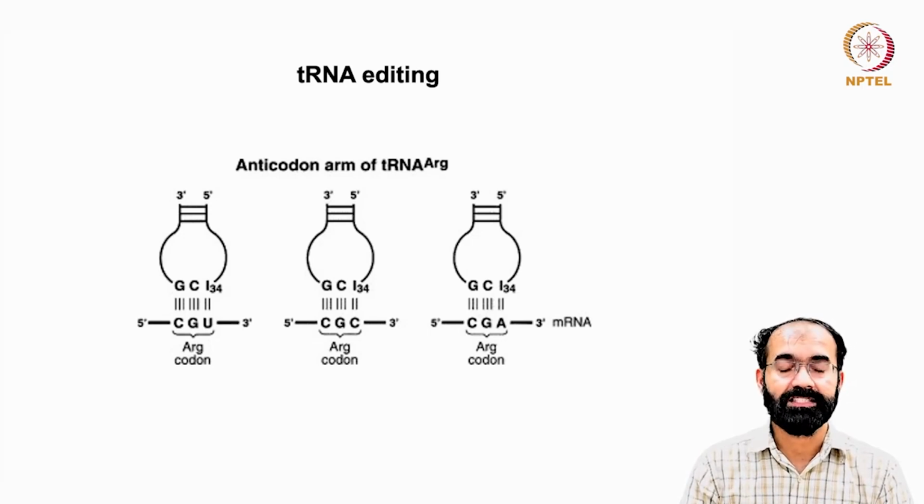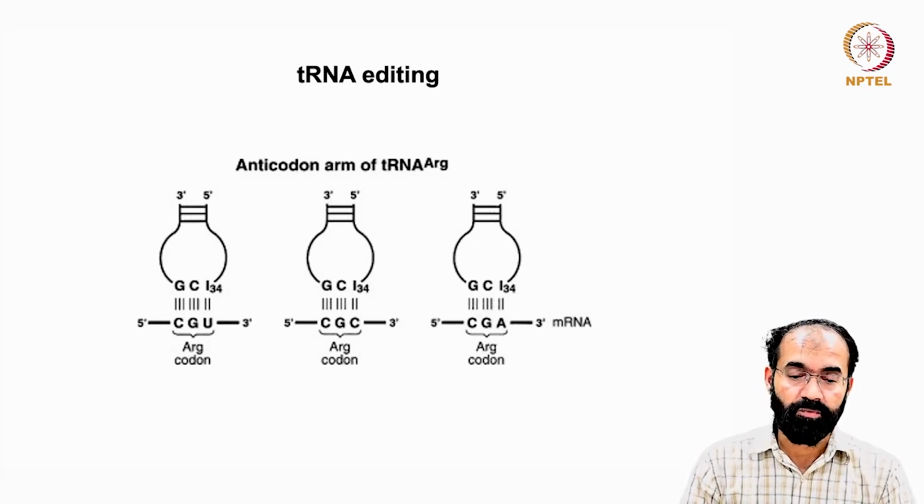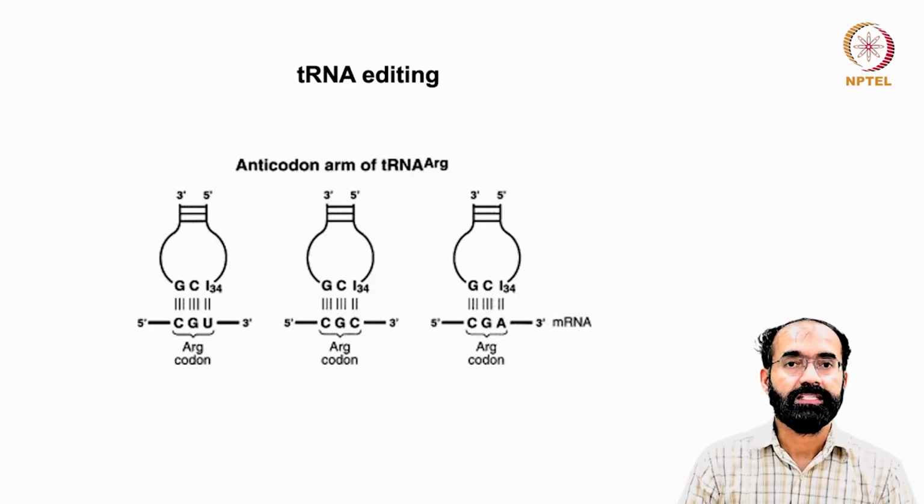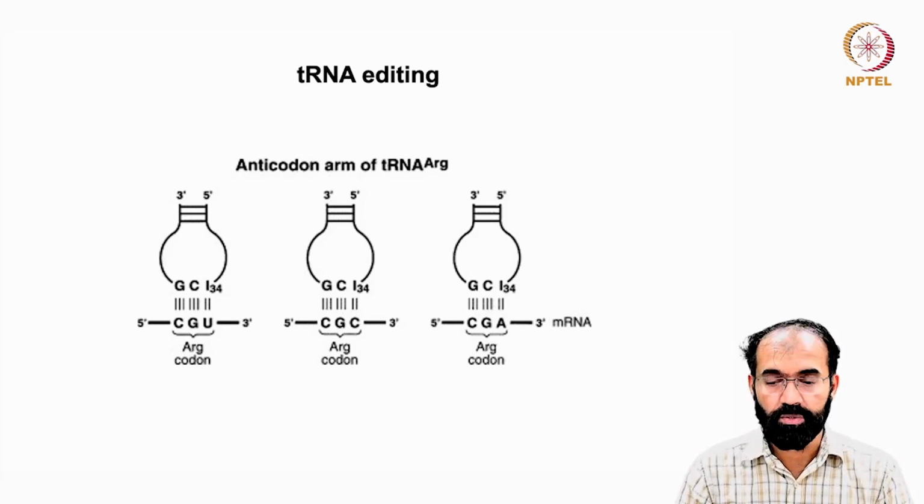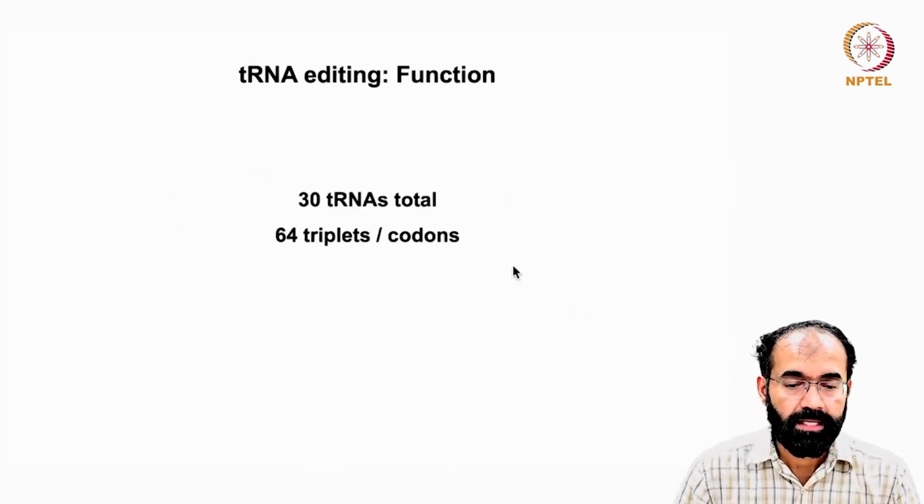I doesn't have any bias towards any of the bases. Otherwise, you would have to have a CGU pairing with GCA only. So this problem can be solved, and subsequently the other codons can also be catered to effectively.